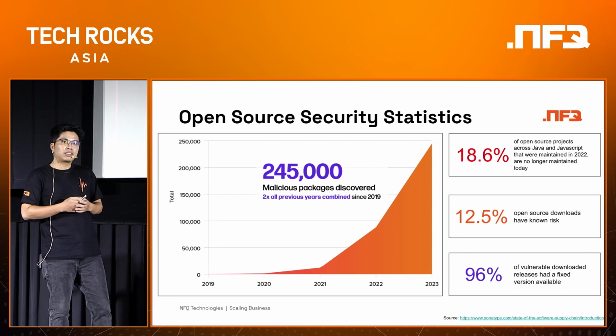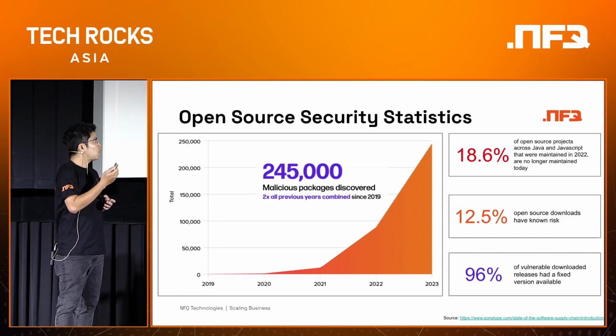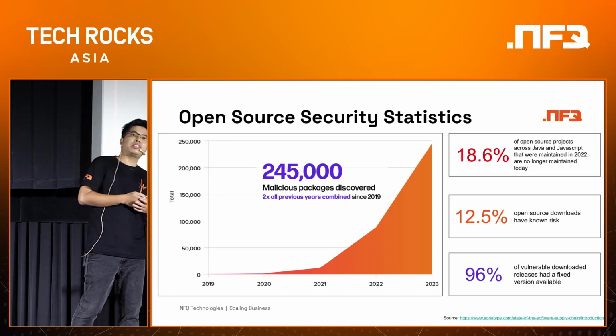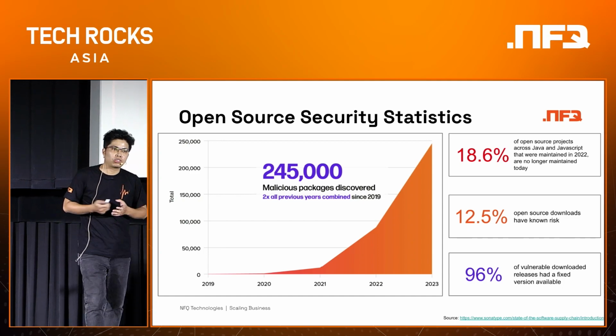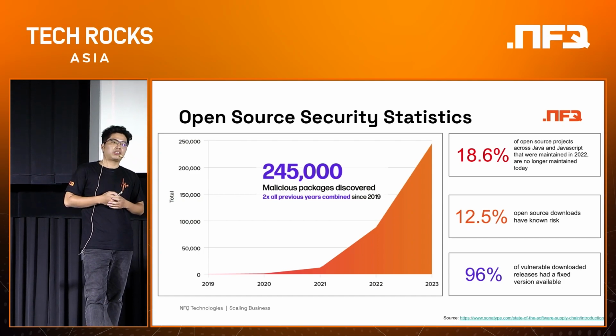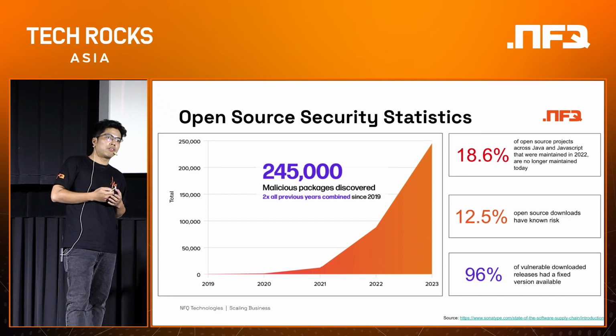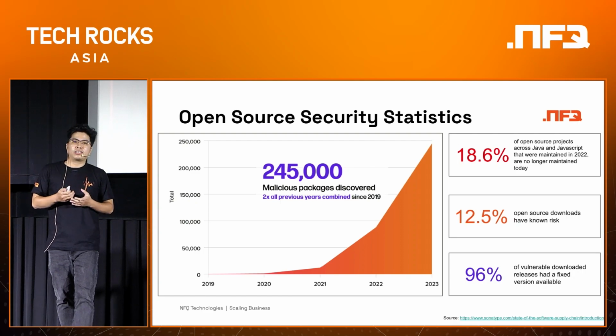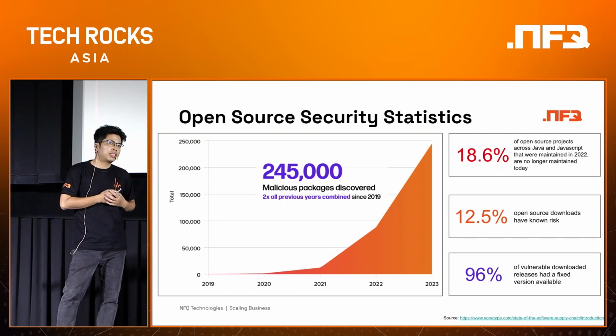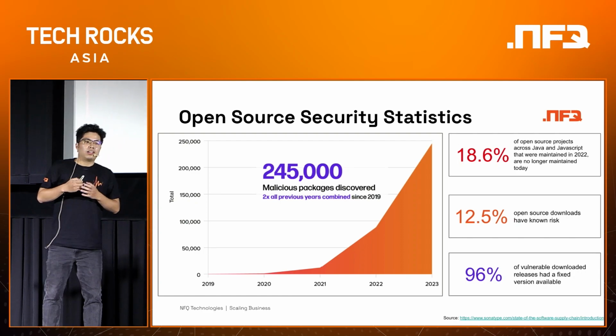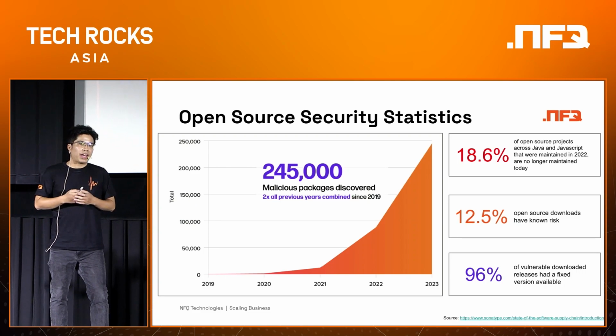It's 2x compared to all previous years combined since 2019, which is a huge amount of malicious packages. And malicious packages can lead to very critical consequences like data breaches, security vulnerabilities, or even a compromise of the entire system.